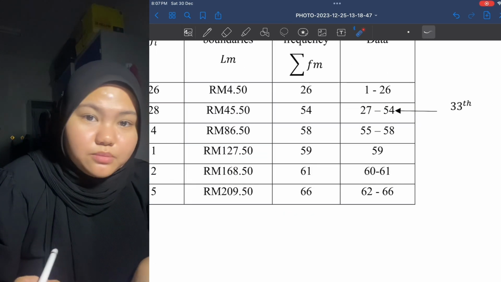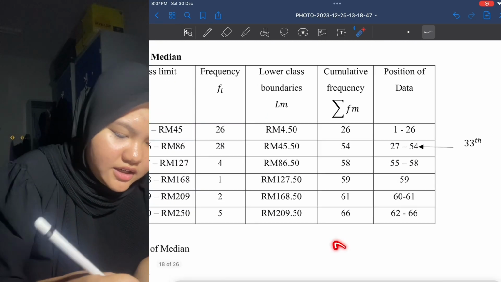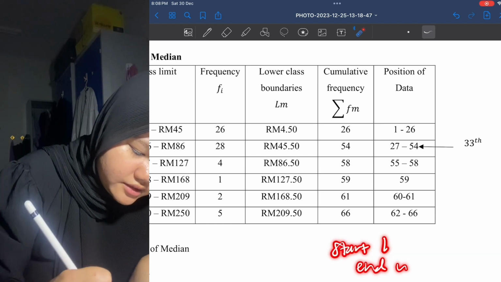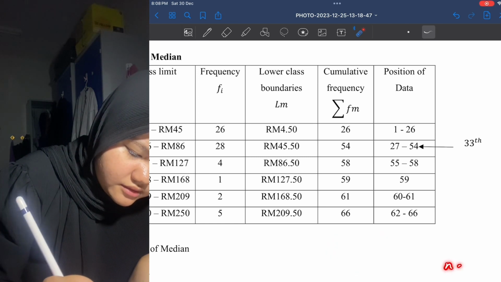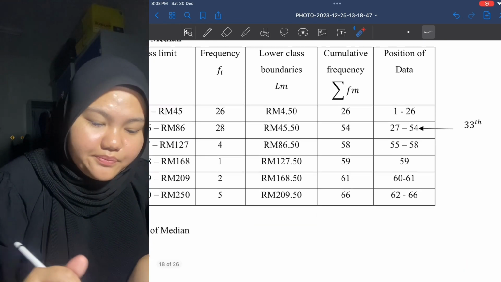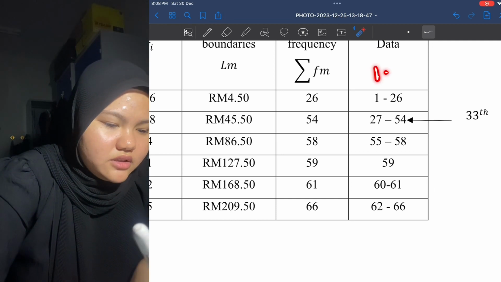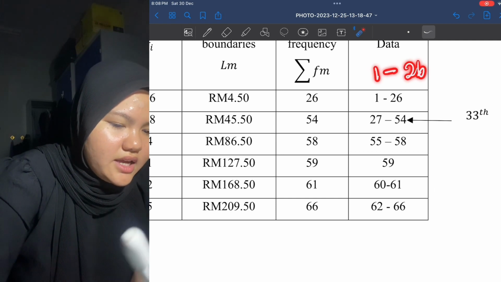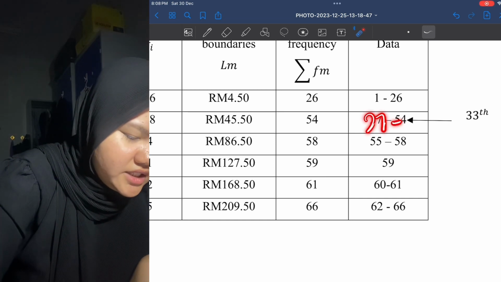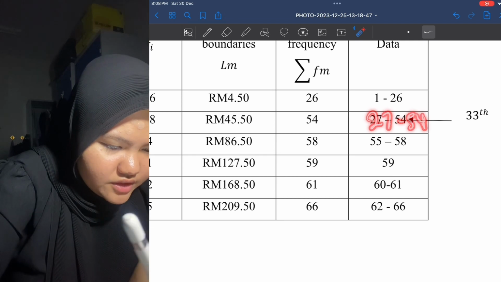How do you know the position of data? For position of data, you have to start with 1 and end with the sample size, which is 66 students. We start with 1 until the frequency 26, and then after 26 is 27 until the cumulative frequency, which is 54.